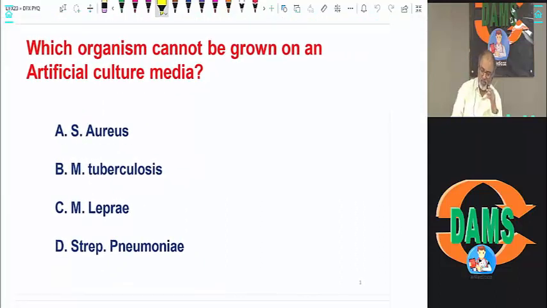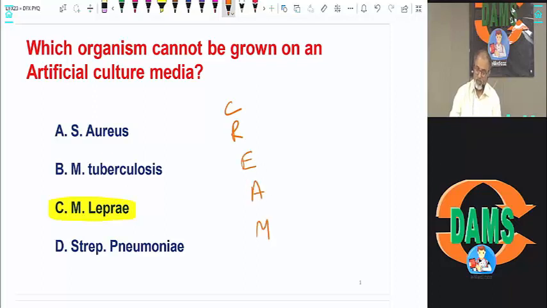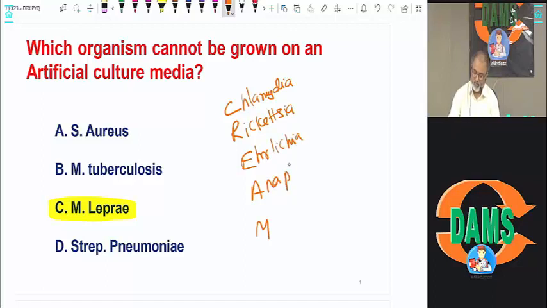Which organism cannot be grown in an artificial culture medium? Mycobacterium leprae, because in artificial culture medium we cannot grow it. Also chlamydia, rickettsia, ehrlichia, anaplasma, not mycoplasma.